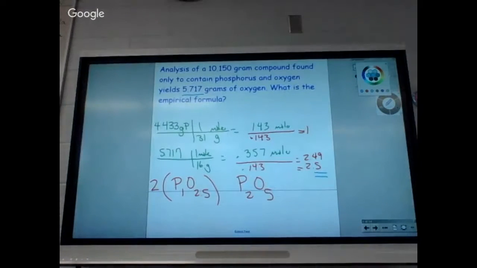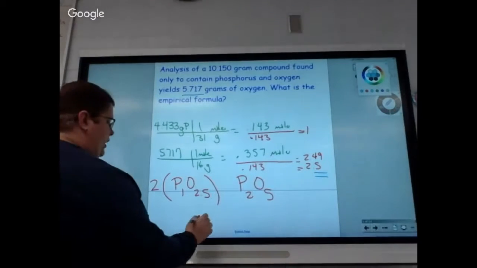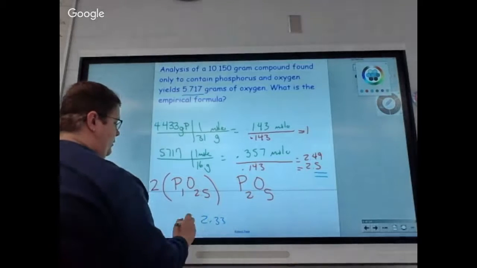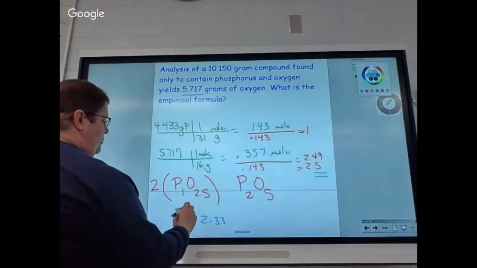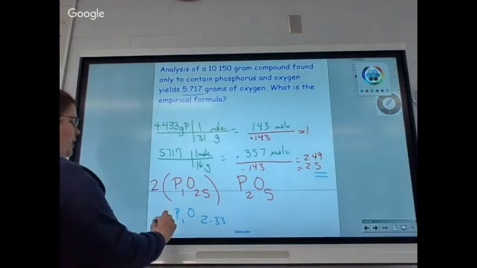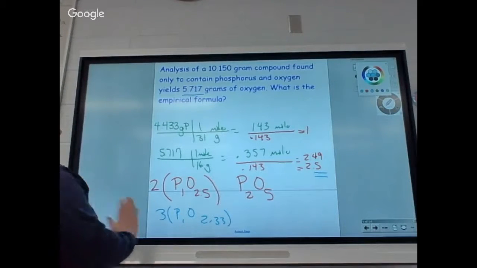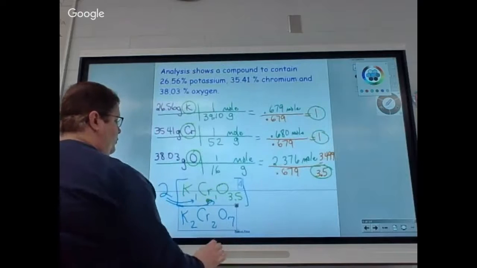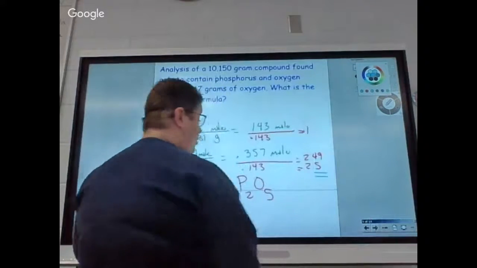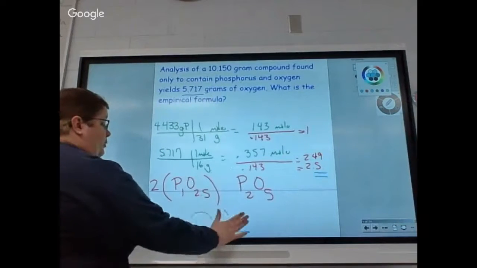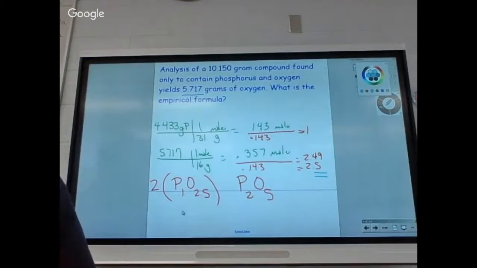Now, if this was an AP class, if you had something like a third, like 2.333, let's just say we had 1 and 2.33, what would we multiply by? You'd multiply by 3. But you won't have that in here. So it's always going to be a 2 in here. You'll either get a whole number or a 2.